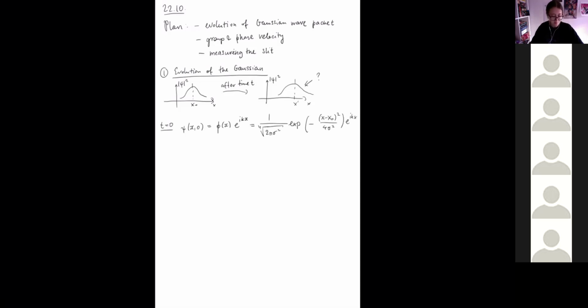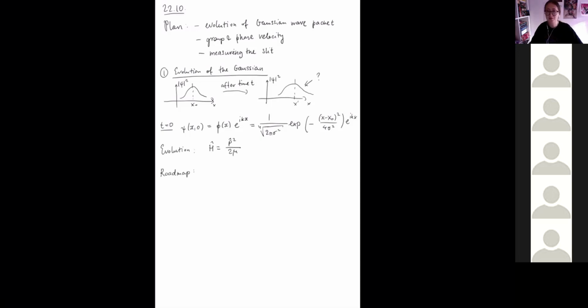Okay, and we want to look at the evolution with the following Hamiltonian H, which is a free particle Hamiltonian, which is just p squared over 2 mu, where mu is the mass of the particle.